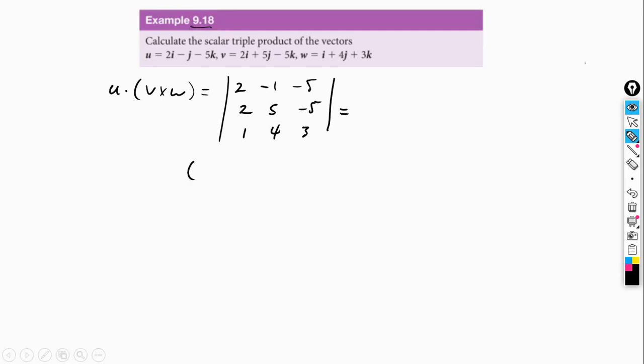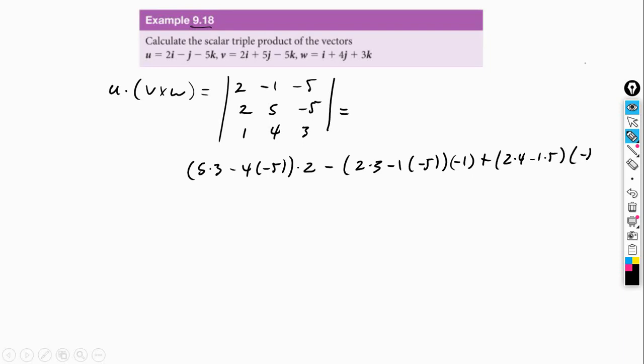So this is going to equal, and this would be the same as the other determinants we've been doing, right? So this is going to be 5 times 3 minus 4 times -5, and this times 2, minus 2 times 3 minus 1 times -5, and this times -1, and then plus 2 times 4 minus 1 times 5, and this times -5.